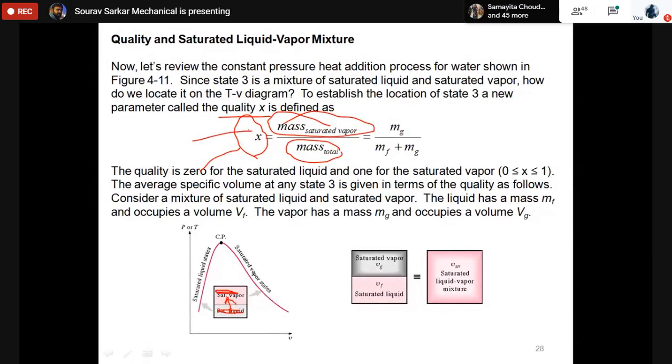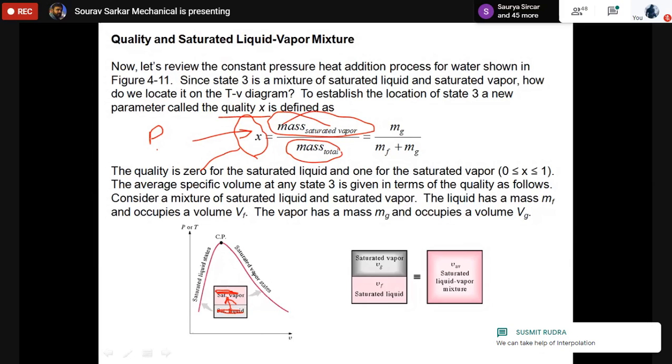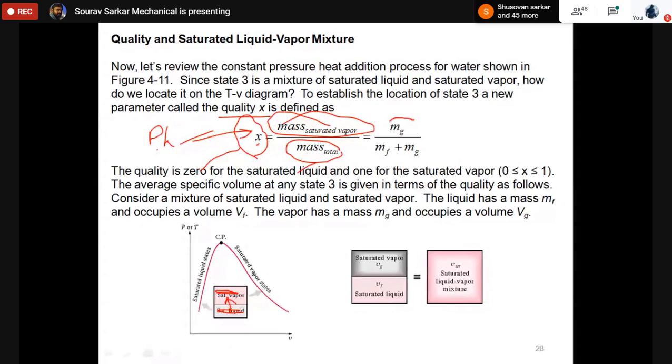But this is valid only during phase change. Whenever there is a phase change, then only this is valid. So X equals the mass of the saturated vapor divided by the total mass, which is mg over mf plus mg. Mg is the mass of the saturated vapor.